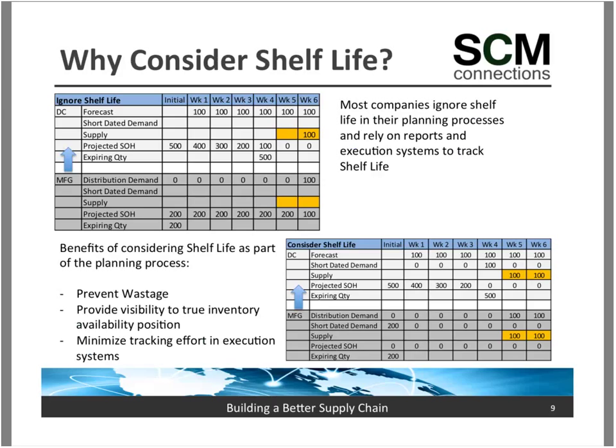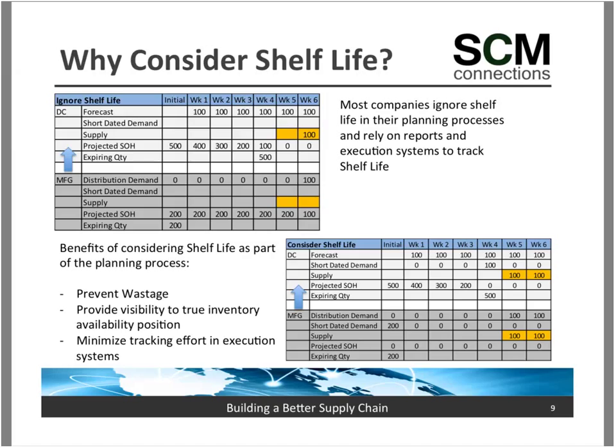Now, from an execution standpoint, there definitely are processes in place, right? Legally and otherwise, there's no way that product that is expired is going to get shipped out. So there are tight controls in terms of getting product out into the distribution network or to a customer, with product that has expired.